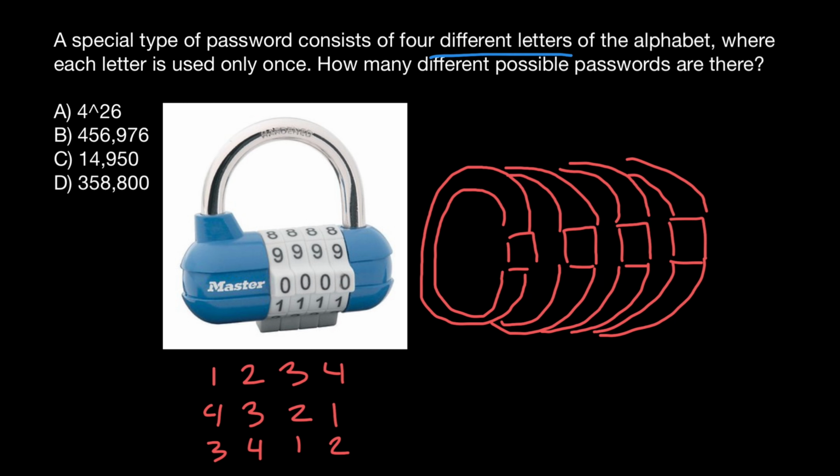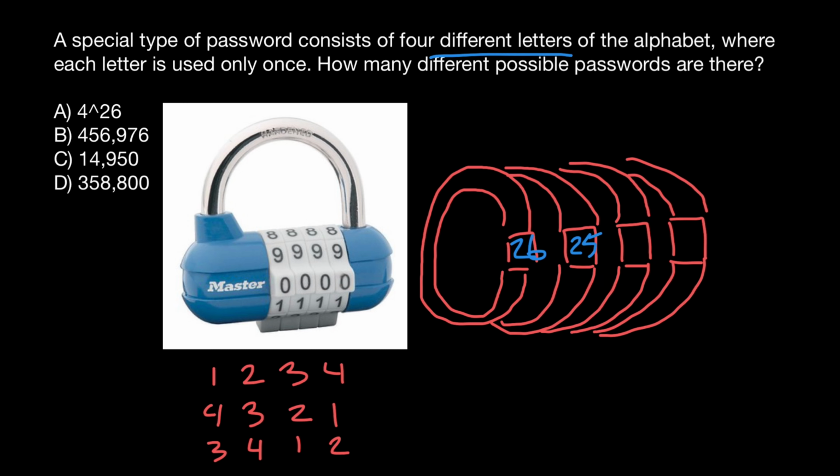So for the first position here we can choose any of 26 letters. For the second position we cannot choose the same letter that is here. Any letter we choose, for example A, B, or C, we cannot choose it again here. So we have 25 variants for the second position.